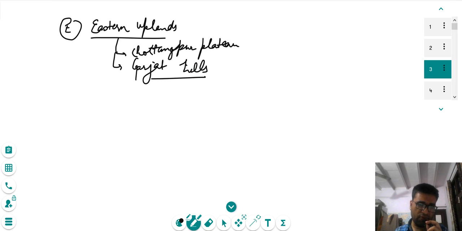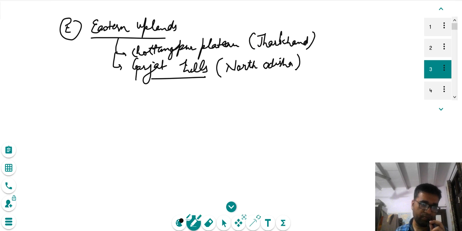They are on the flanks of the Chota Nagpur Plateau, particularly the Garjat Hills fall in North Odisha. Chota Nagpur Plateau is in Jharkhand. We will do Chota Nagpur Plateau in a little bit more detail.